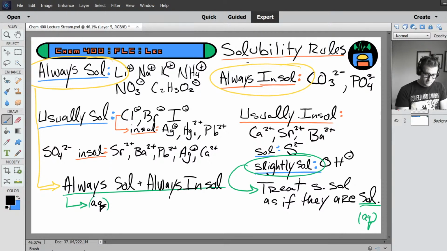Same thing will happen, and this is worth noting, for always soluble with usually insoluble.